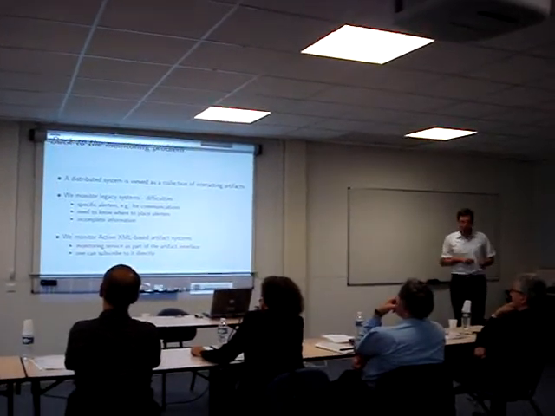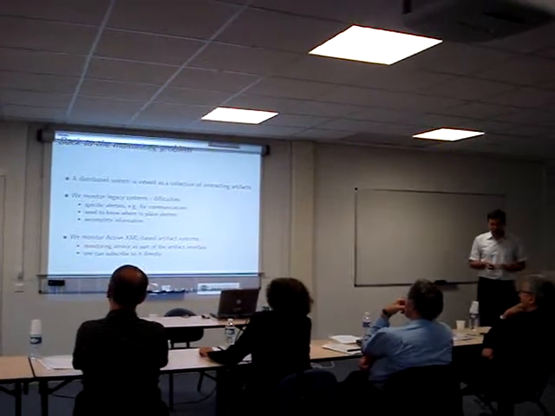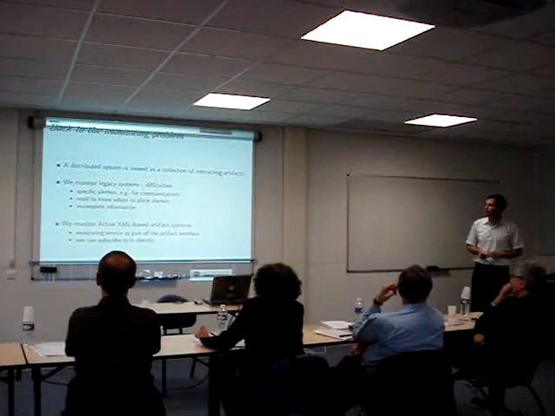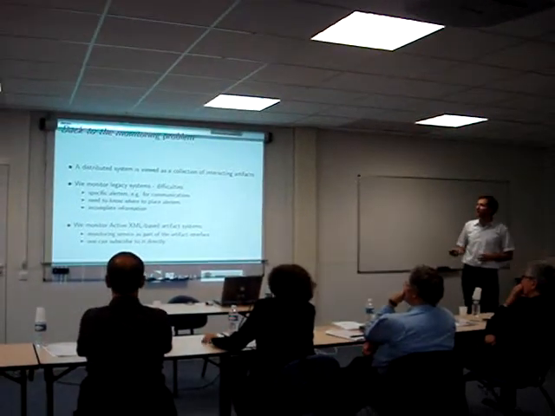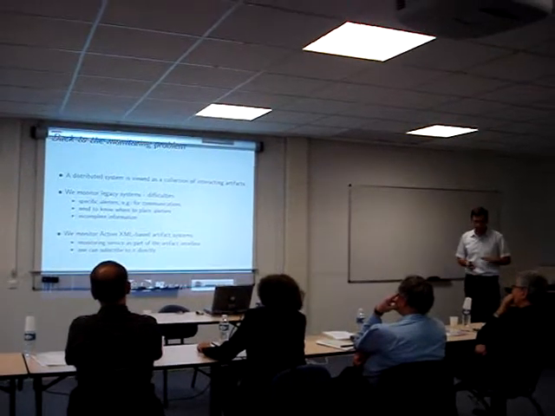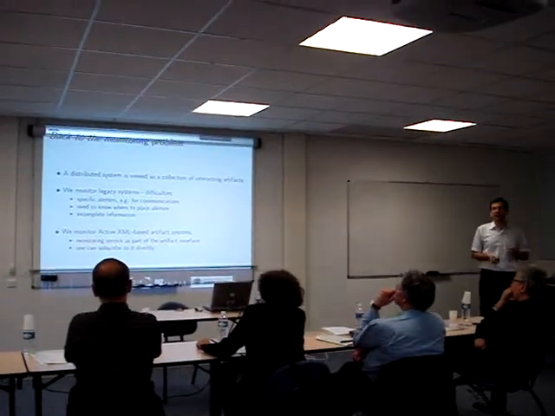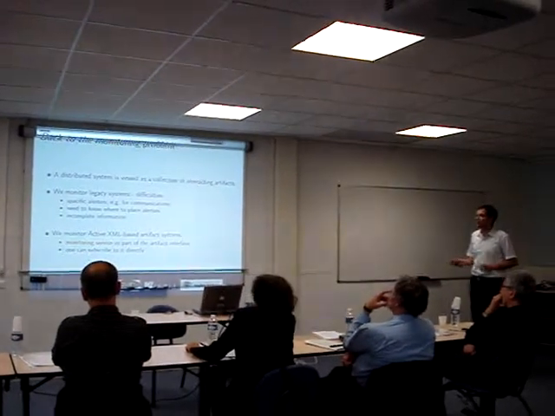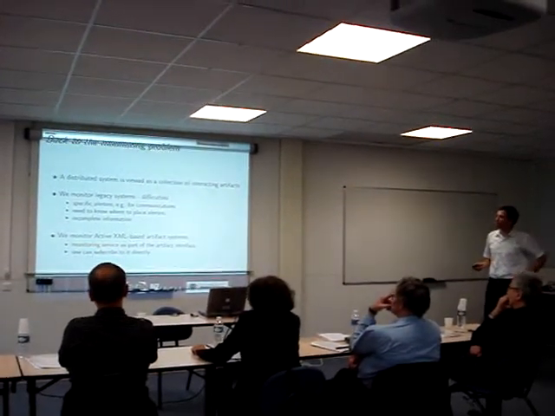Okay, if you go back to the monitoring problem, we model a distributed system as a set of moving artifacts and interacting artifacts. With respect to that, we have two types of systems. There are some legacy artifact-based systems that are not ActiveXML based.